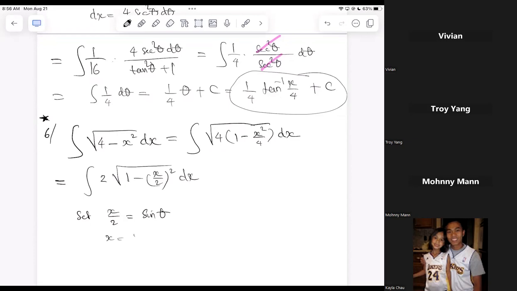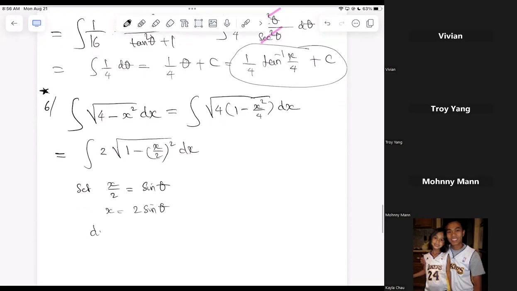So x equals 2 sine theta, and dx is equal to 2 cosine theta d theta, right? And also, if x over 2 equals sine theta, then theta is just equal to sine inverse of x over 2.